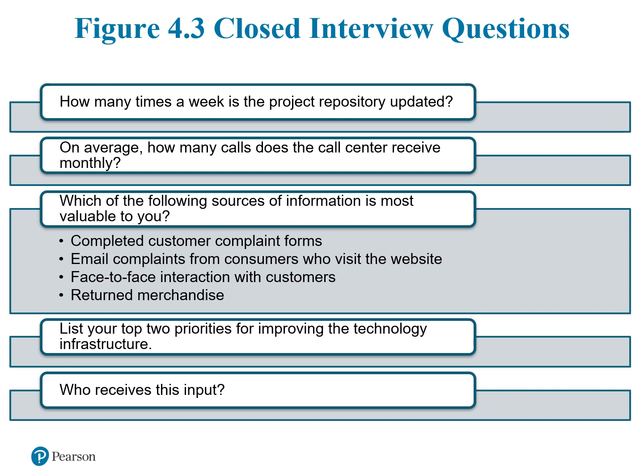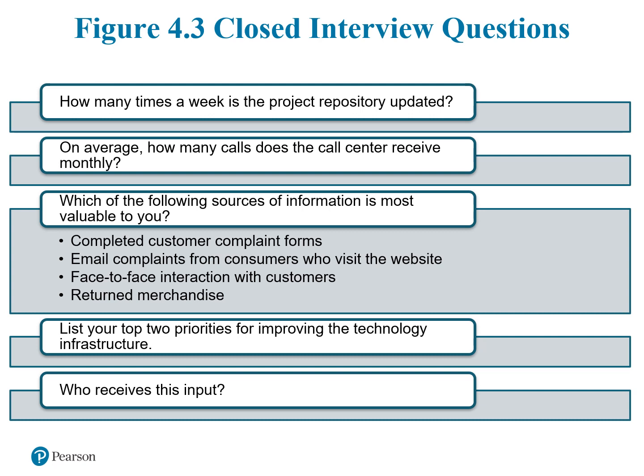Which of the following sources of information is most available to you? Completed customer complaint form, email complaints from customers who visit the website, face-to-face interaction with customers, returned merchandise, and so on. Here we expect the interviewee to rank them according to importance.